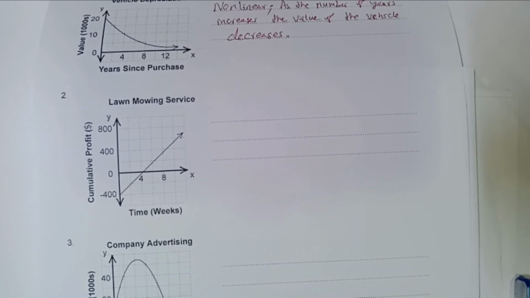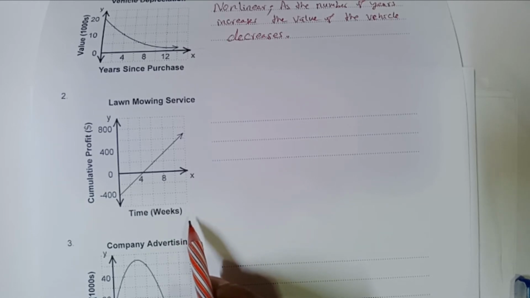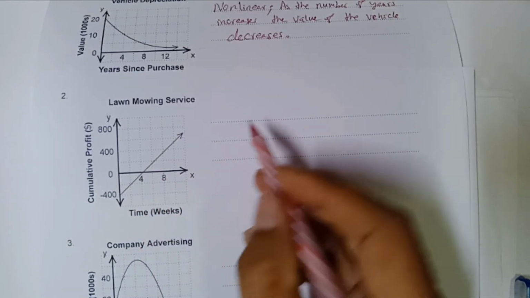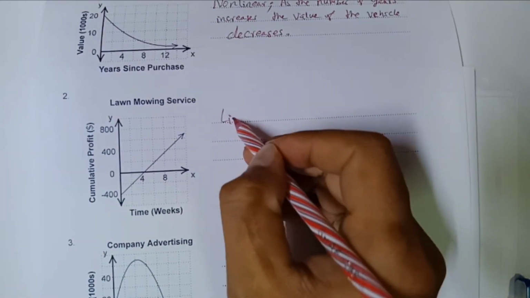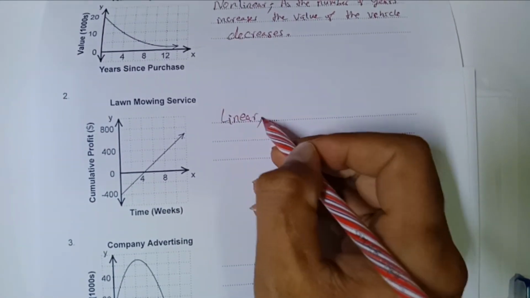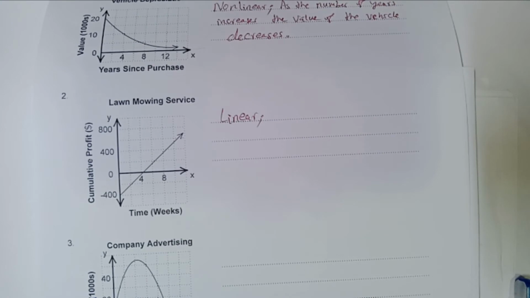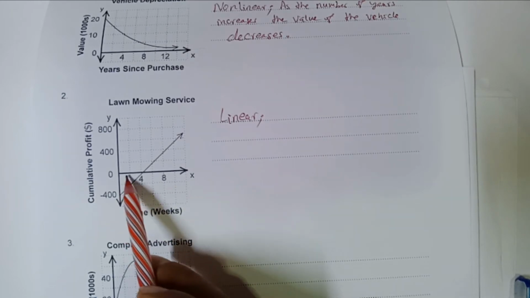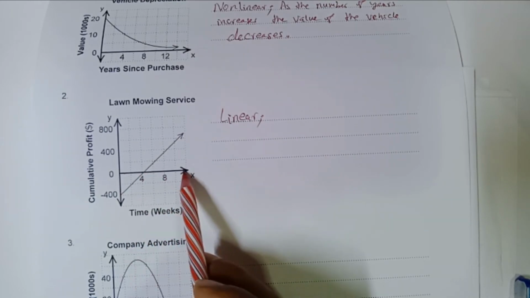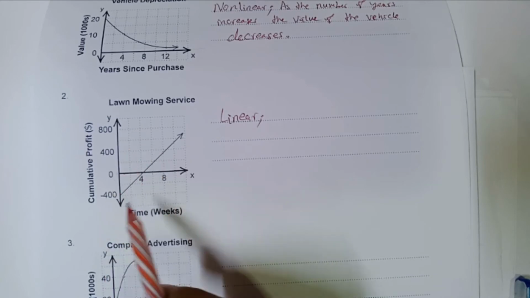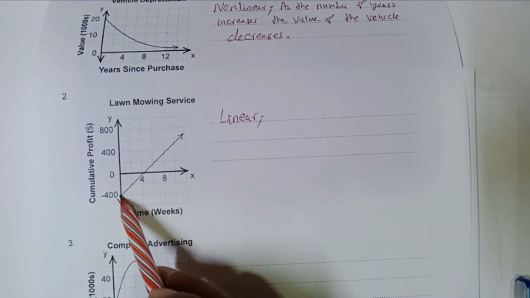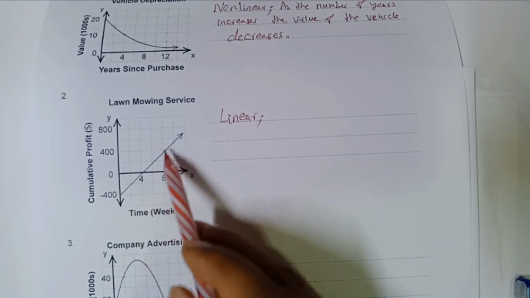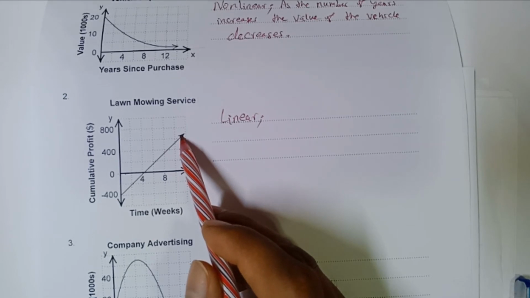Number 2, lawn mowing service. This is a straight line, so this is linear. Now looking at the trend of the graph first. This is the number of weeks, time in weeks, and this is the profit in dollars. So as you can see, it starts from negative and goes all the way up to positive profit.